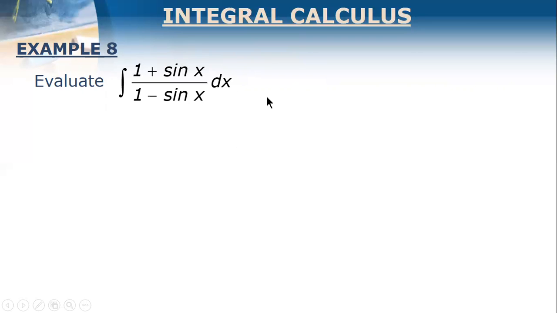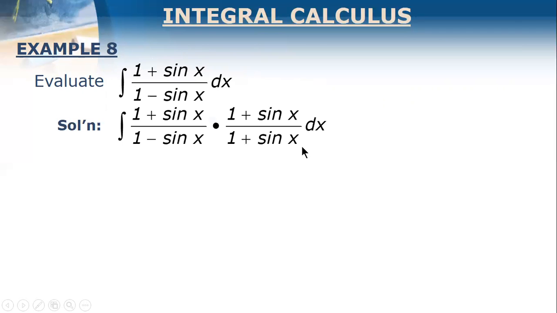Okay. So the usual technique is to make the denominator a difference of 2 squares. So how do we do it? We will multiply this function by 1 plus sine x. The purpose is, if we multiply 1 minus sine x by 1 plus sine x, the result is a difference of 2 squares, 1 minus sine squared x.